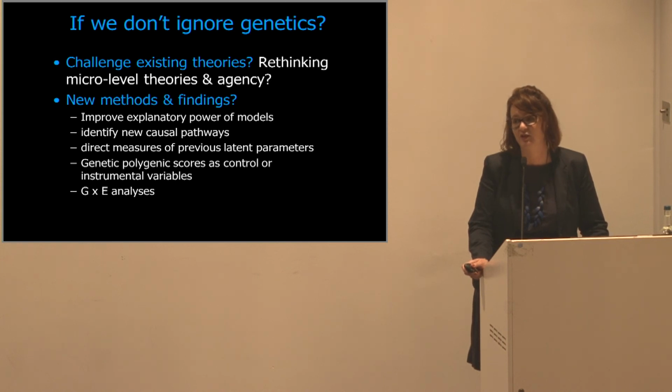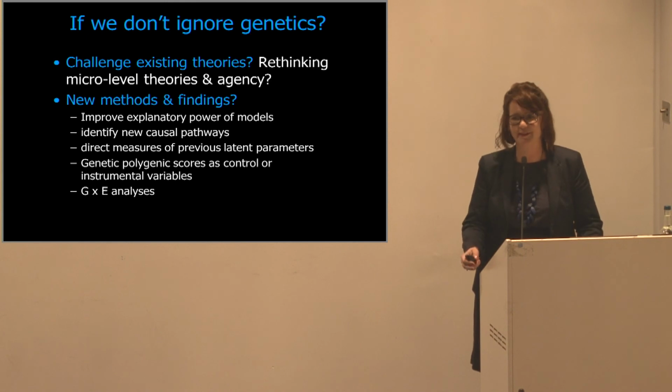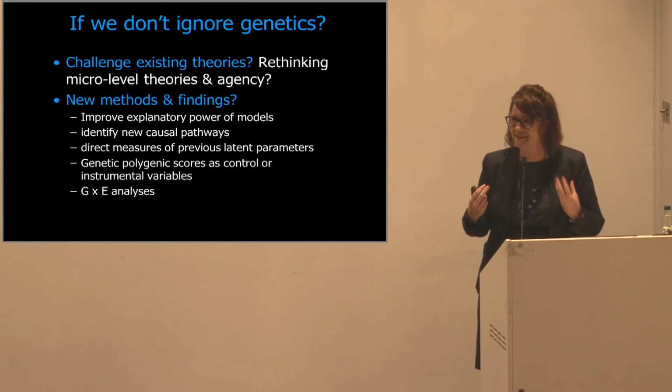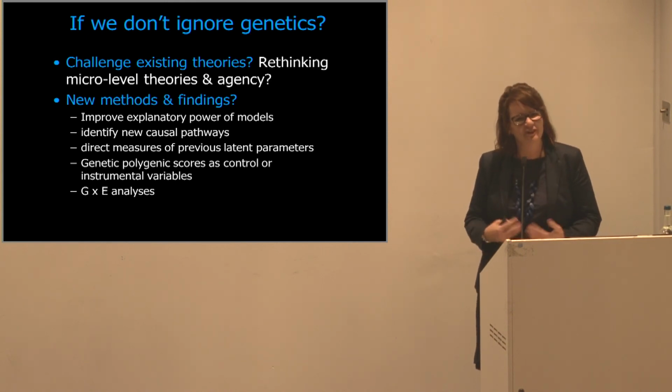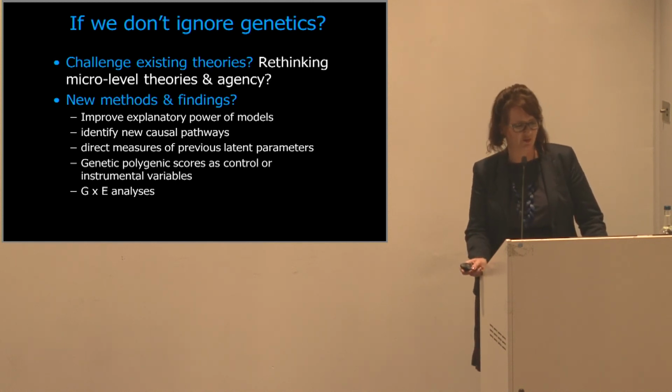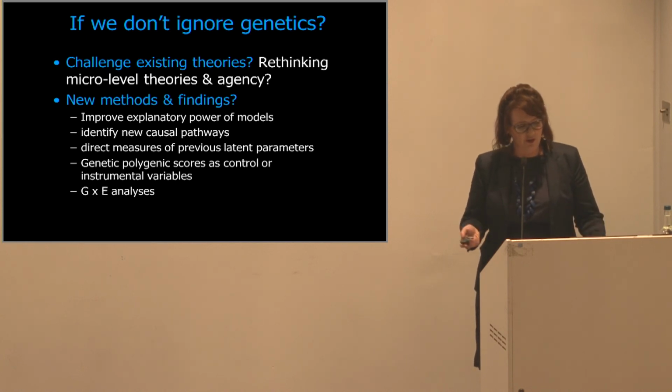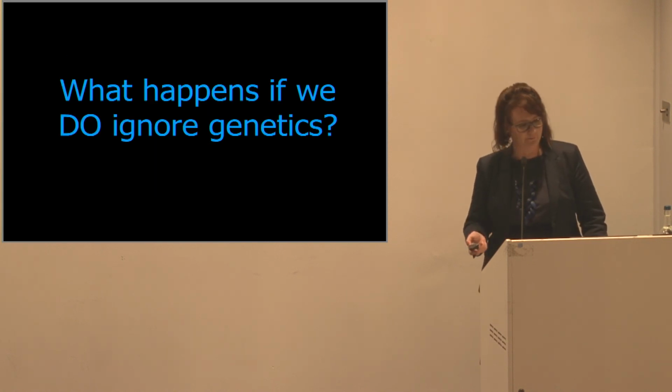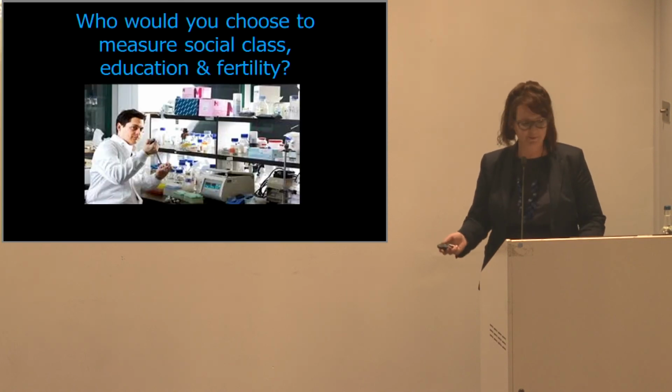I think it's really interesting when you start thinking about the different theories. So in sociology and demography, the way to look at fertility is often the theory of planned behavior. So it's all about choice and agency and structure, and where do genes play a role in this? That's something I think is very interesting, to rethink some of our micro-level theories. And I think it could be very interesting to think of new causal pathways in different models that we can run. So what happens if we ignore it?